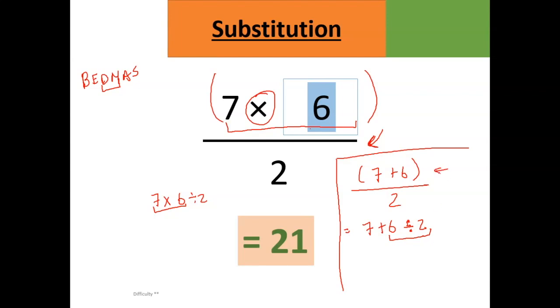But I don't want that. I want it to do my top first. So if I add a bracket around here, it will know to do that because it has to do brackets first. So the answer is 13. 7 plus 6 is 13 over 2.